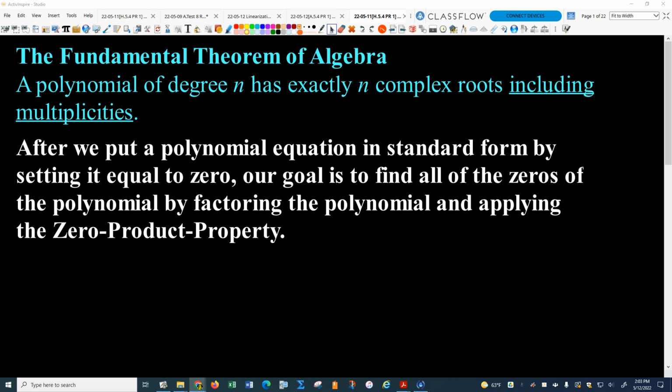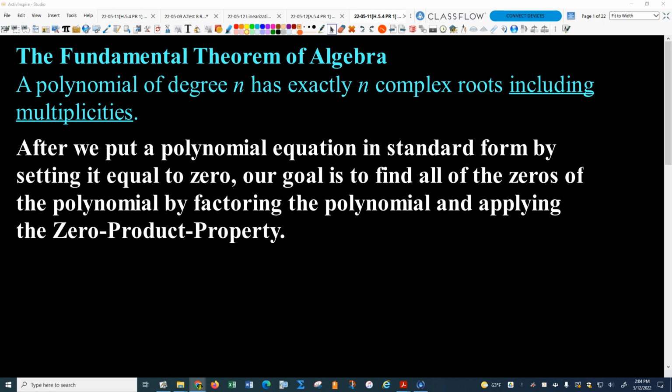Okay, so for today, we're diving into probably our last section. To put this in perspective, we're extending everything we did in Unit 4 with quadratics to Unit 5, bigger polynomial equations. We're going to focus a lot today on the fundamental theorem of algebra, which we've already talked a little bit about.